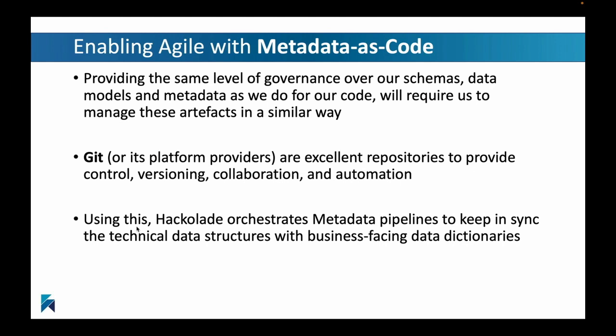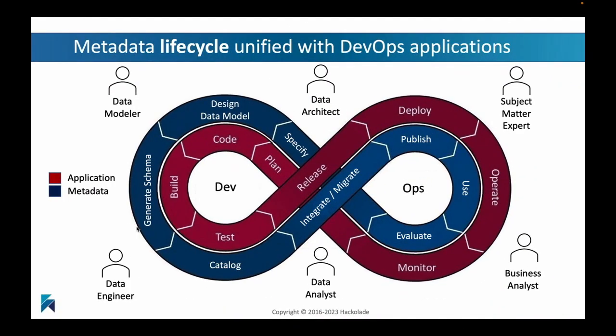We're going to orchestrate metadata pipelines this way so that everything is always kept in sync and automatically updated with all of the different assets in the ecosystem. Effectively, this will enable the infinite loop of agile development, and it will involve metadata and modeling into that lifecycle.